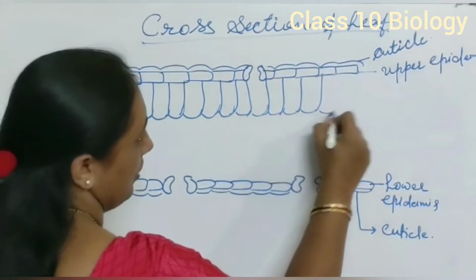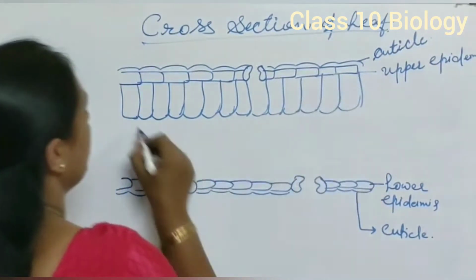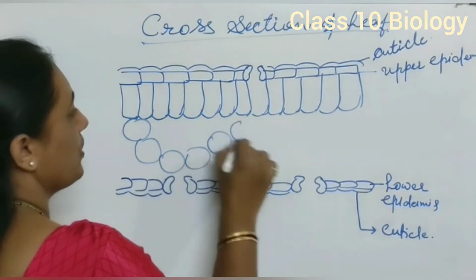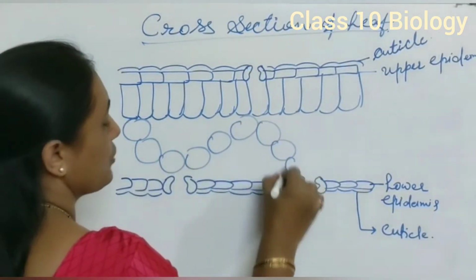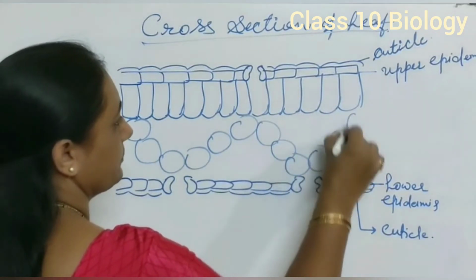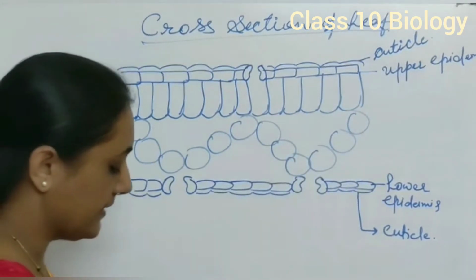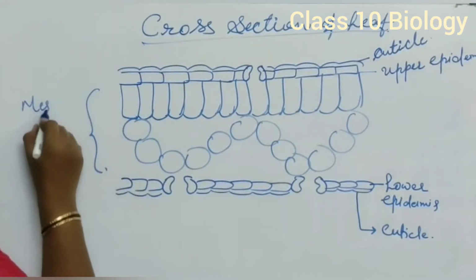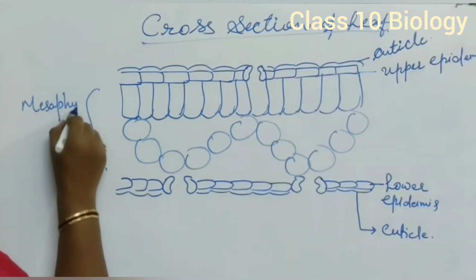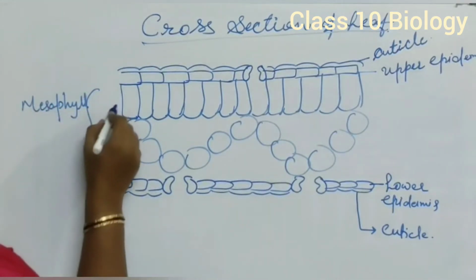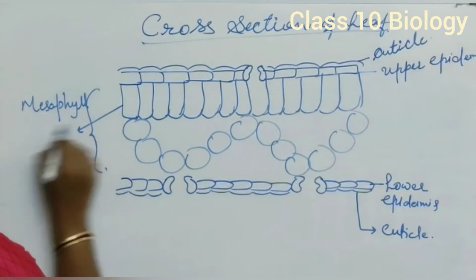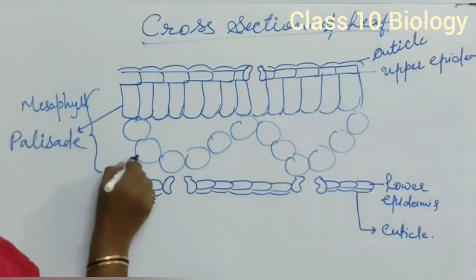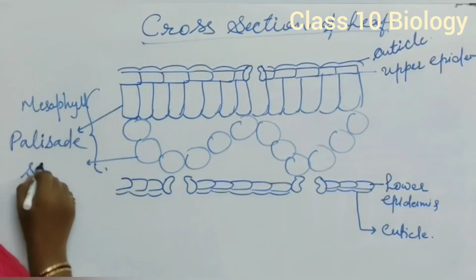The elongated ones are called palisade, and the rounded ones are called spongy mesophyll cells. This is the mesophyll region, and here in mesophyll also the elongated ones are palisade and the rounded ones are called spongy.